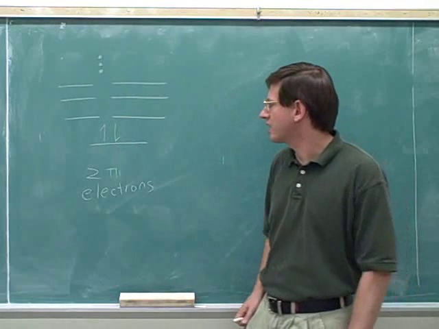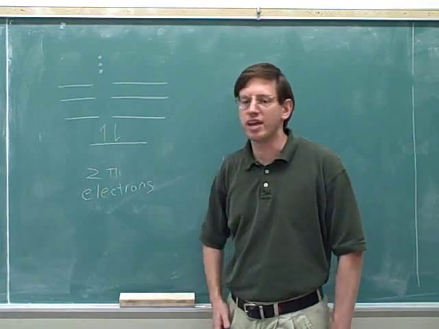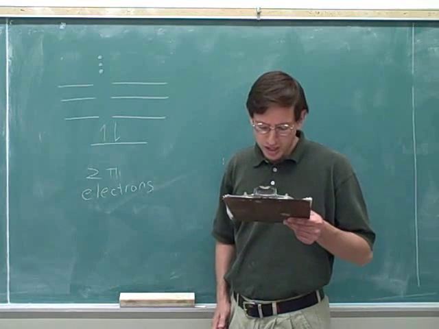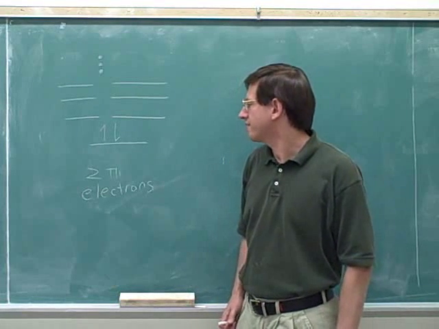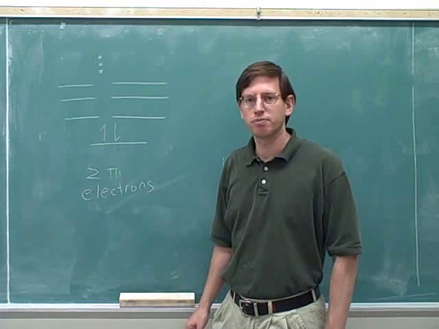And this should look fairly stable. We have a completely filled orbital down here, which is a fairly stable configuration. Now, let's see what happens if we take these two pi electrons and add another two pi electrons.